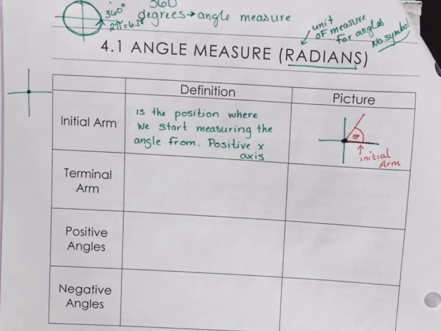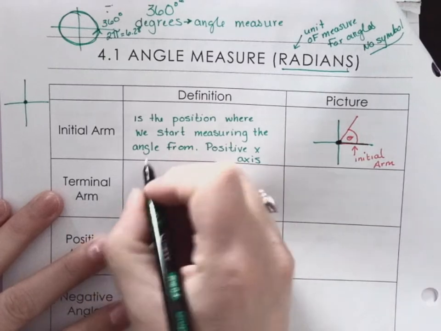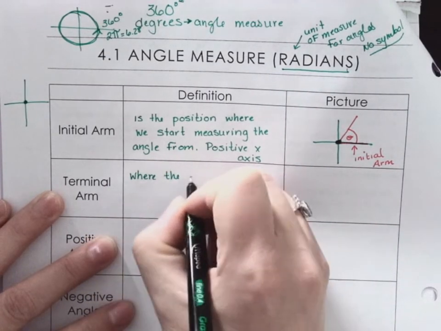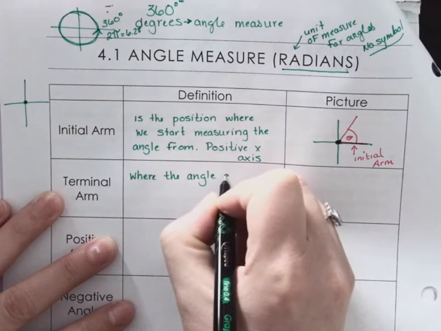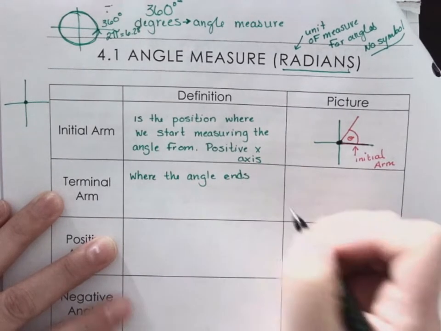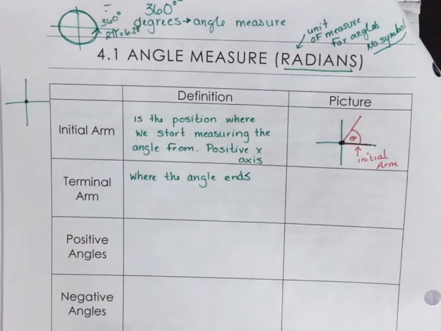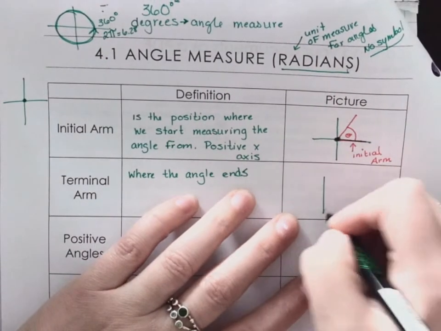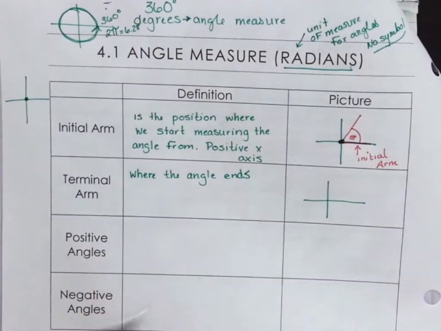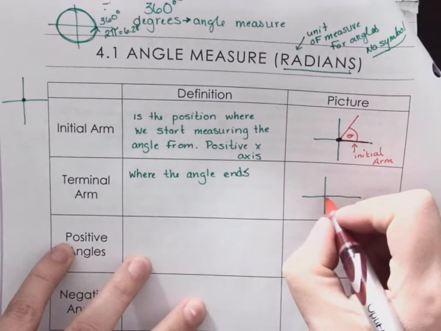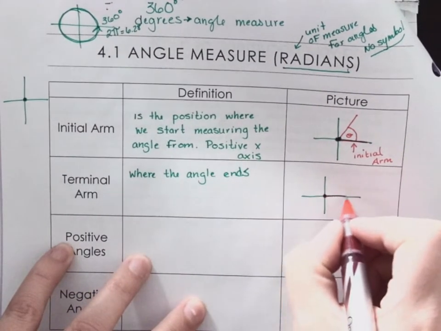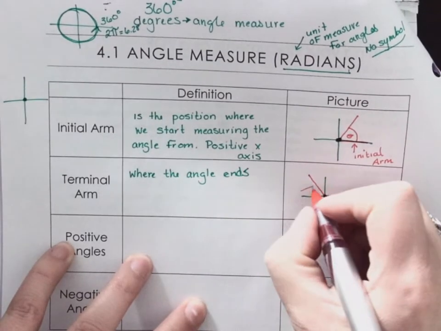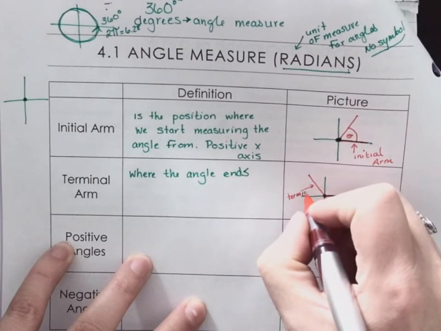That's the other one. I'm jumping ahead of myself, but this is where your terminal arm is where the angle ends. So again, if I were to draw this in, my vertex is there, my initial arm is here.